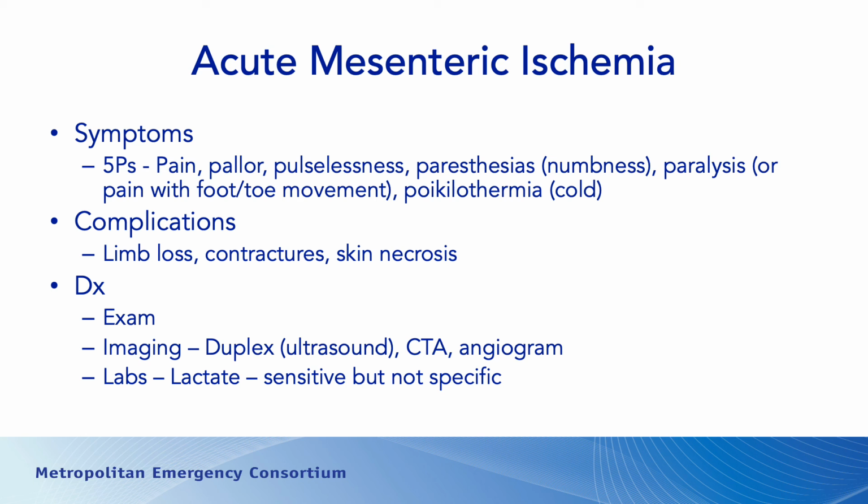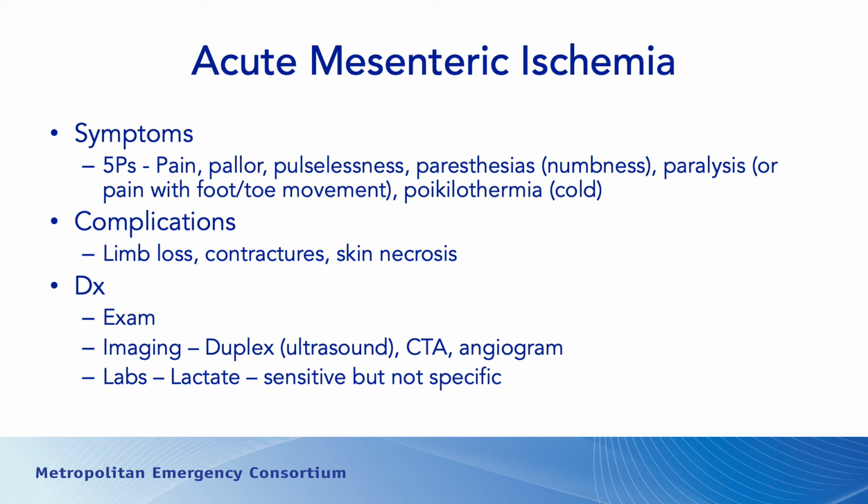Pulselessness, so if you have a patient with acute limb pain, check the pulses. That's an absolute. Paresthesias or numbness, so the patient can have a painful but numb extremity. Paralysis of that extremity, inadequate blood supply, the muscles don't work.